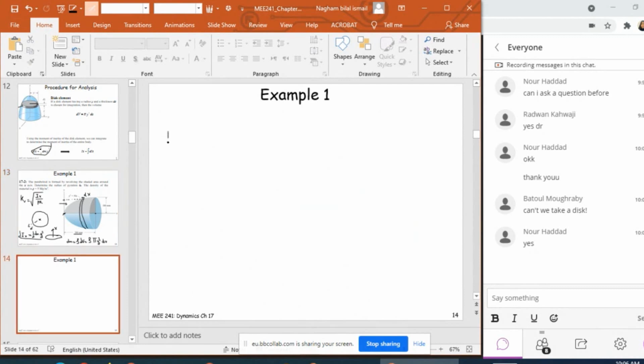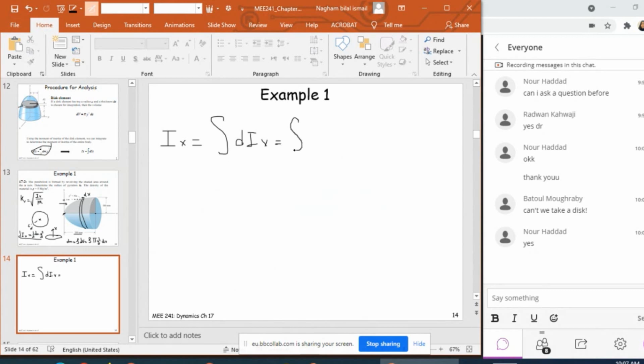What I should do now is to make the integration to find Ix. Ix is the integration of dIx. All right, guys, so it's very easy. If you know dIx from the standard or the memorized shapes, you can find Ix by doing the integration.